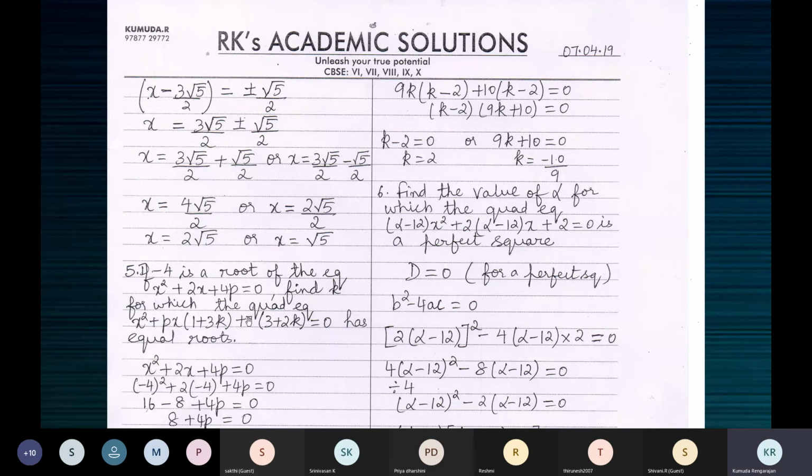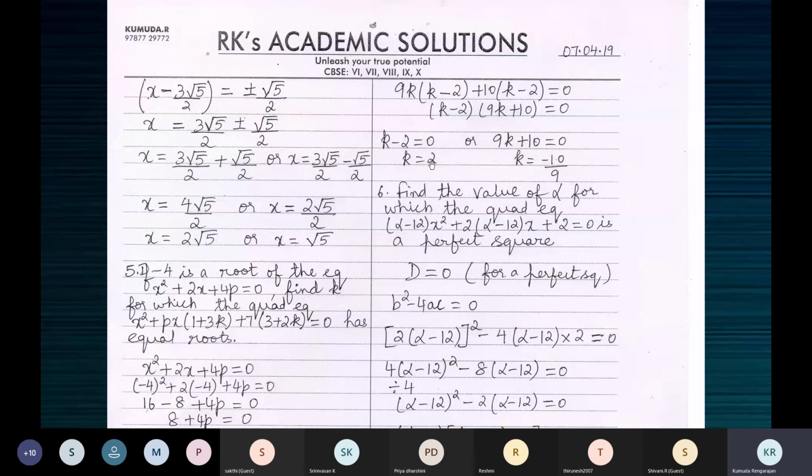K is here in the x term, k is in the constant. That's okay. That's not going to affect the quadratic equation. So that's why we accepted both the values of k because x square is independent of the value of k. Whatever be the value of k, it will still be a quadratic equation.